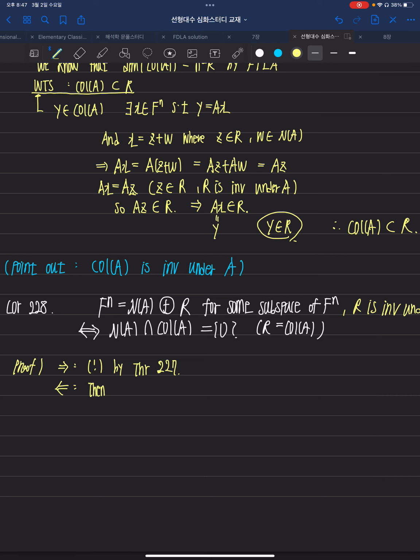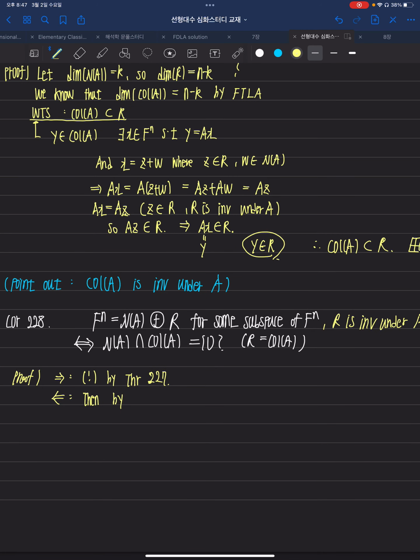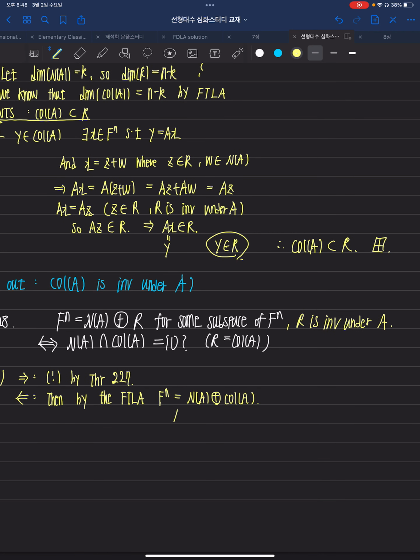Then by the fundamental theorem of linear algebra, F^n is the direct sum of N(A) and col(A). And col(A) is an invariant subspace under A.